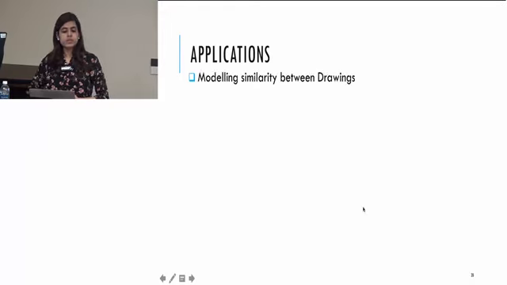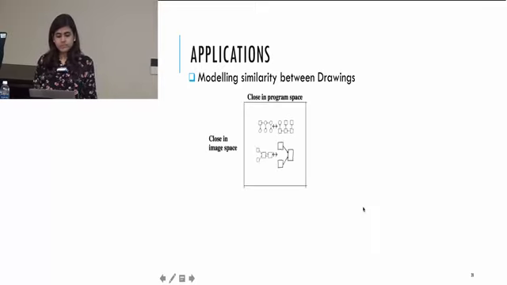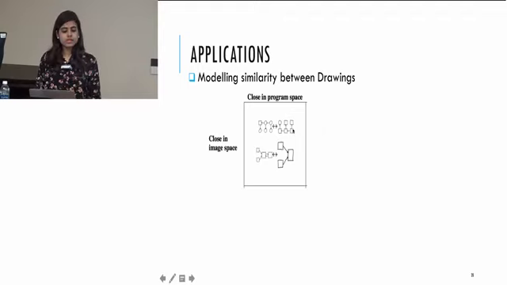Another application is that you can model similarity between drawings by looking at the program code. For example here, if we talk in terms of the program space, we'll see that this image and this image have the same number of for loops: one for loop for drawing the 5 circles, one for drawing the 5 rectangles. So in terms of how close they are, you can say that these 2 images are close just by looking at the code.